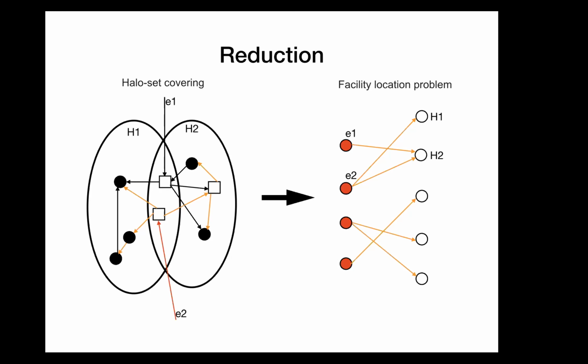So this enables us to have the following mapping. We can treat each hollow set as a client in the facility location problem, and each external edge as a facility. And the cost between the client and the facility is equal to the summation of all the internal edge costs corresponding to such an external edge.